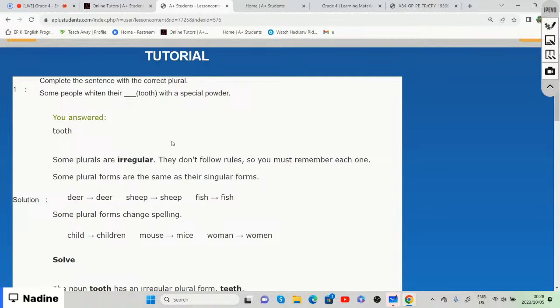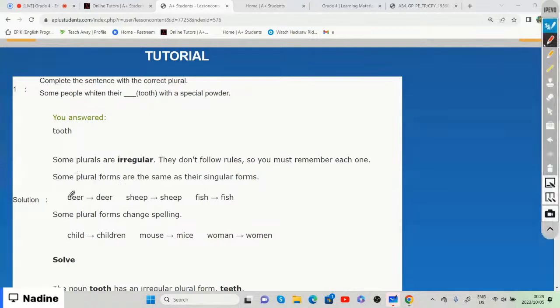So, as much as the wording changes with irregular plurals, some plural forms are also the same as the singular forms. So if the singular thing is, for example, a deer, which is an animal, we're referring to one deer, one animal.